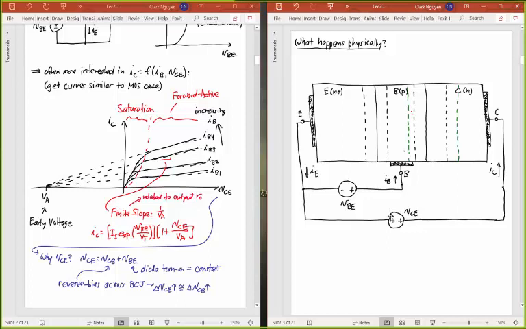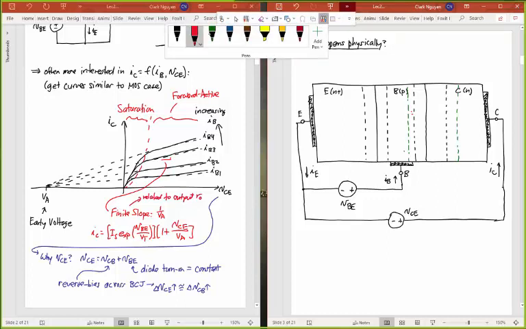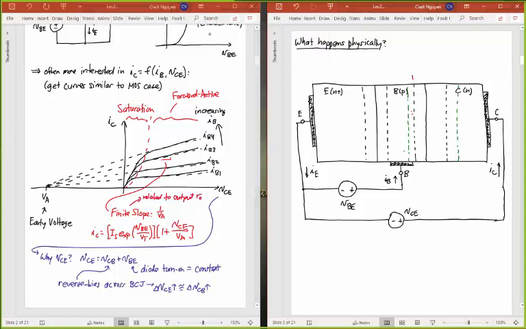Now, for a given VCE, I'm going to have a certain width of my collector base junction. So here's my collector base junction here. And so I can identify a width of that collector base junction right here. Let's say that that's X1.